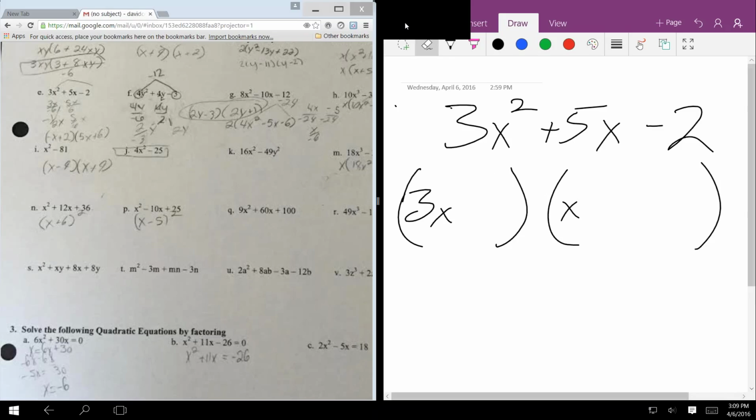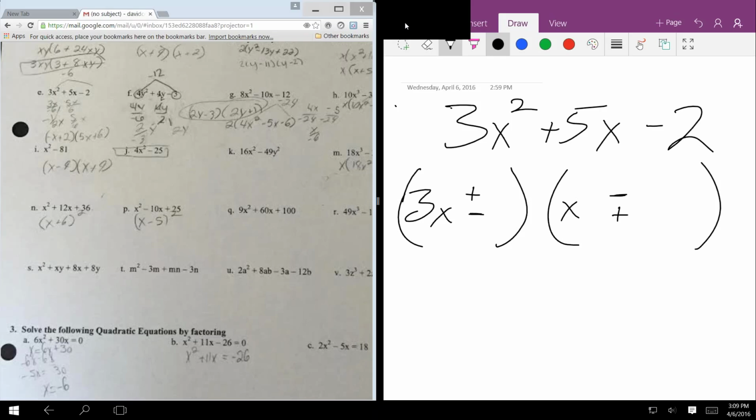Now, because this is 3x and this is x, it could be plus minus, but it could also be minus plus, and they would be different. The only time you can get away with just putting plus minus is if the coefficient on the x term is the same.